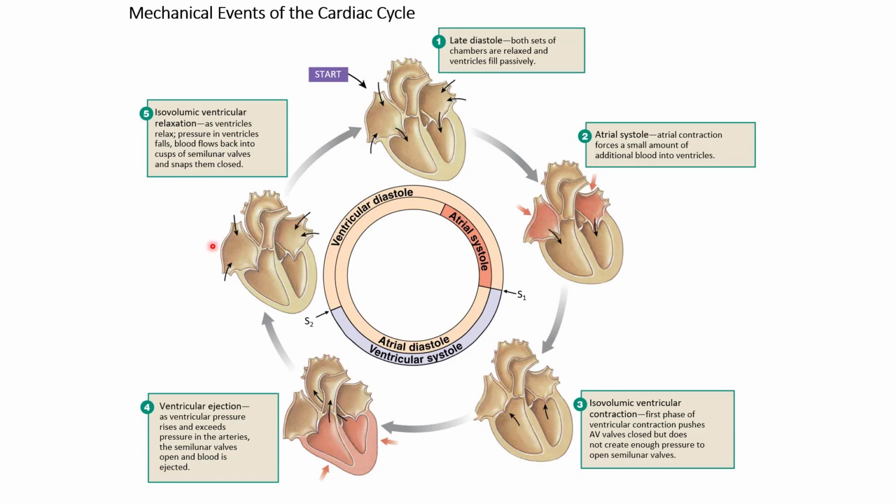We have isovolumetric relaxation, in which we close all of the valves again, but blood rushes in from either the pulmonary veins or the inferior and superior vena cava to fill the atrium again. So you'll notice we have both a systole and a diastole for the atrium and for the ventricles.